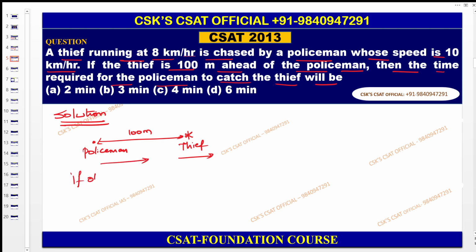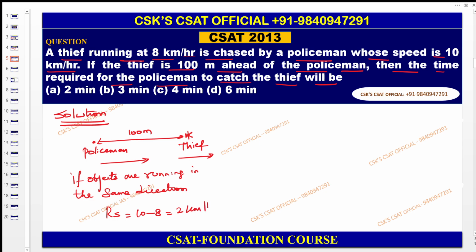If objects are running in the same direction, what would be the relative speed? So relative speed is equal to, you need to subtract their speeds. So therefore 10 minus 8, which is equal to 2 km per hour.